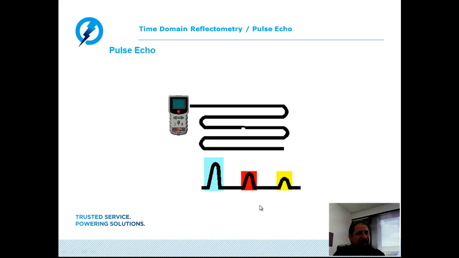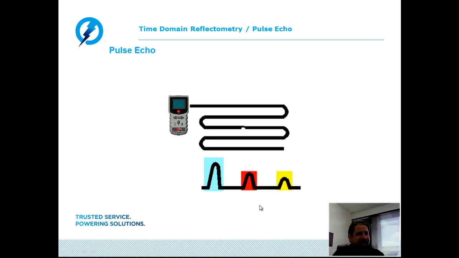Now, it is not possible to locate with pulse echo all by itself a shunt or dielectric fault where the resistance is of values of 10 times or greater the characteristic impedance of the cable.